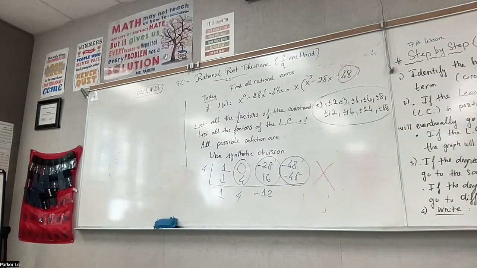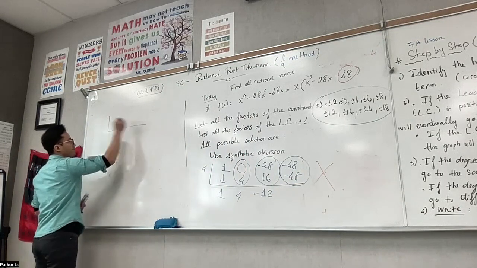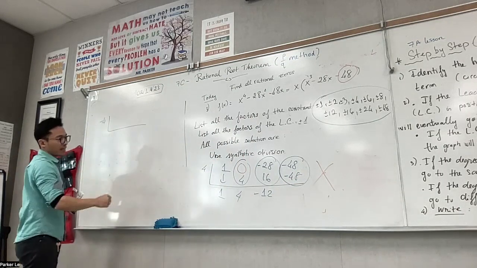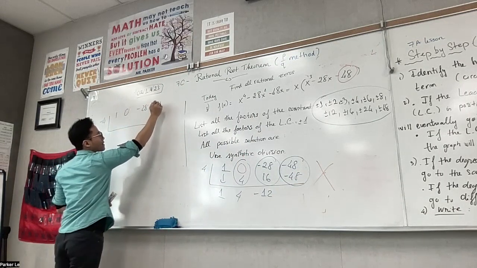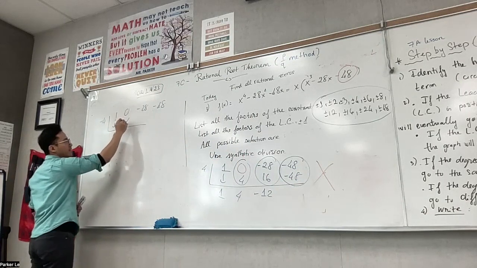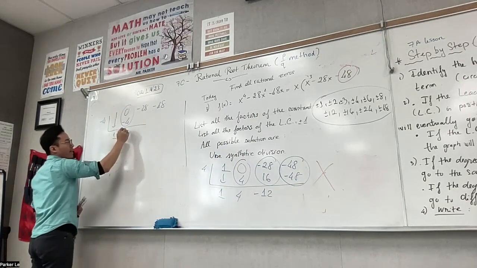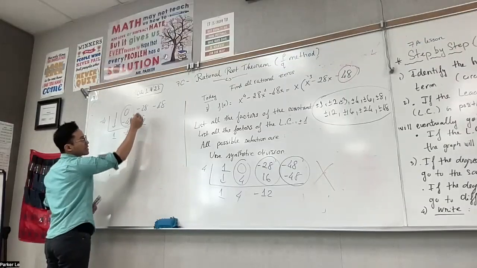Oh, positive. I mean, negative 4, yeah, that's what I'm talking about. Try negative 4. Right, so 1 multiply negative 4, add them, negative 4 multiply... It's the same thing. 16, negative 6.